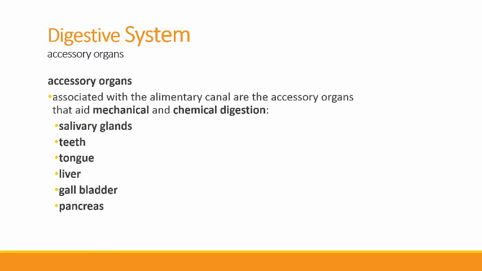There are also accessory organs associated with the alimentary canal, and these are all the organs that assist in both mechanical and chemical digestion. With mechanical digestion, this is where we're just breaking food into small bits without changing the chemical structure.